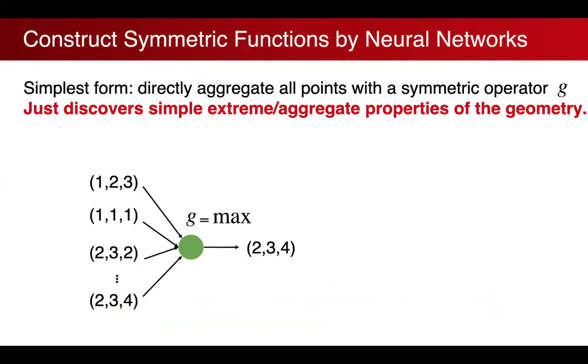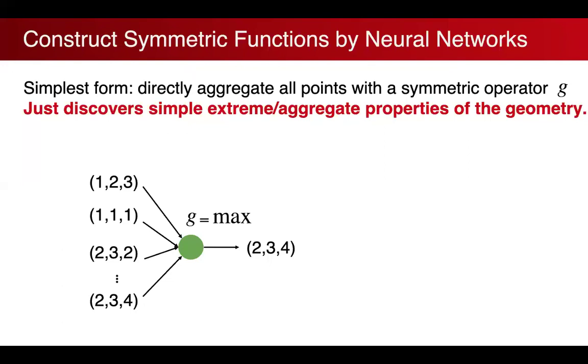There are two ways to incorporate this into a neural network. The simplest way is just to use some aggregate function of all points that is a symmetric operator, like max. So here we are aggregating all the elements, taking the maximum, and this is a symmetric function. Another example would be to sum all the elements.